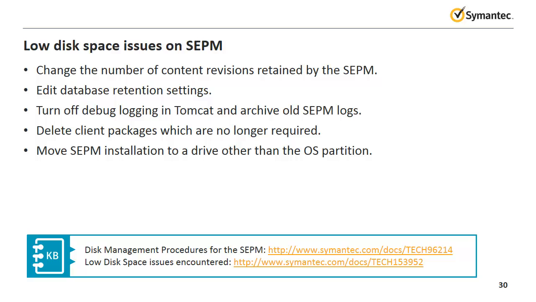Also make sure debug logging is turned off in Tomcat and archive old logs. You can also delete client packages that are no longer required and move the SEPM installation to a drive other than the OS partition. There are also utilities like WinDirStat, which gives a visual overview of what is taking up space on your drive. You can also run SEPMDiag to see if your SEPM meets minimum system requirements.